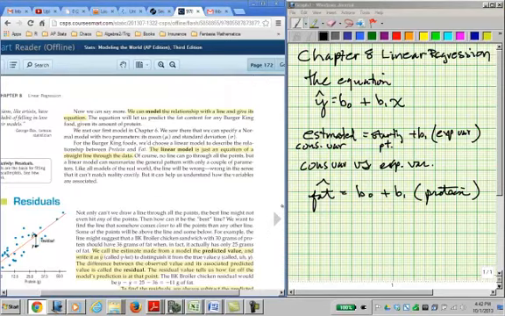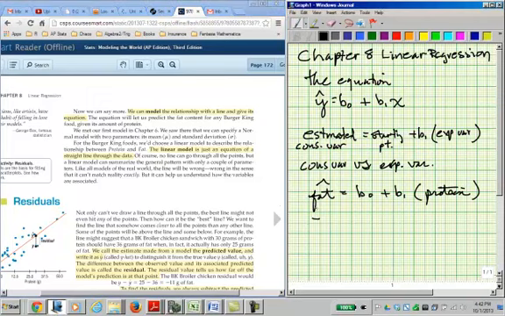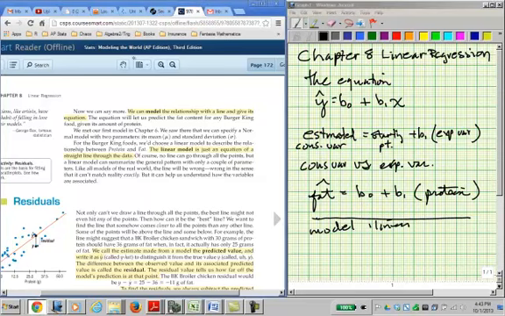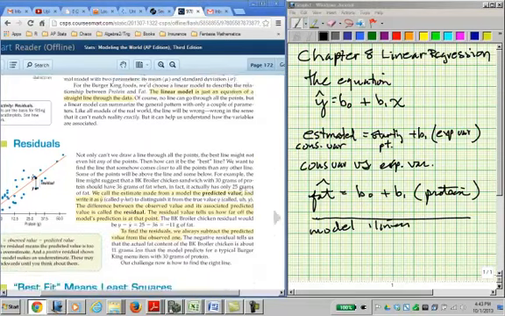Okay. So we can make a model. That's what we're talking about, a model. And in this, a linear model. That's very important. And this next page talks about this whole Y hat business.